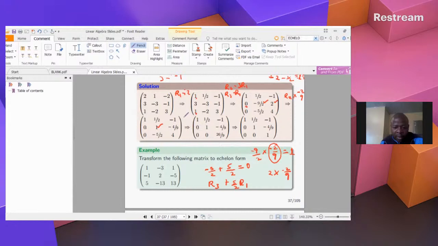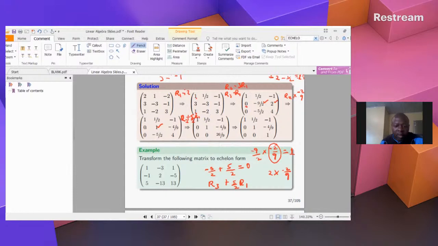So what I want to do is write the step here. I said that in your working, it's good to indicate the steps. So row 3 plus 5 out of 2 of row 1 is what I want to do. Now, row 1 remains where it is.